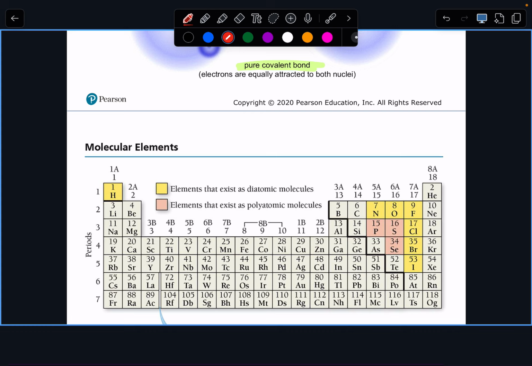So hydrogen is weird because hydrogen is a non-metal, but it's on this side of the periodic table because of how its electrons are structured, okay? Its electrons are structured more similarly to these guys than it is to these guys, but it kind of belongs on this side as far as metal versus non-metal, okay?